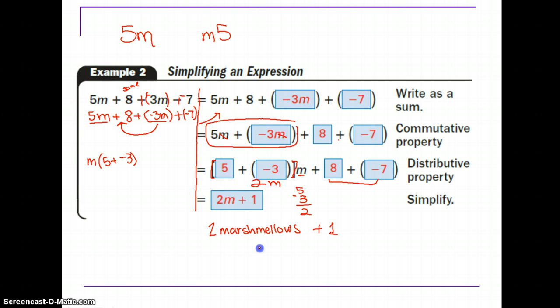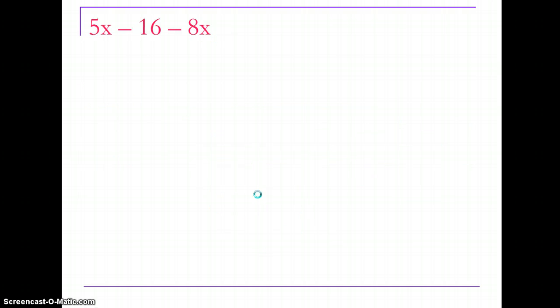If you put those together, here's 2 marshmallows, here's 1 stick, you're going to have 2 marshmallows and 1 stick. Okay, it doesn't merge together to become a marshmallow stick. Doesn't make sense, does it? So your answer is 2m plus 1.